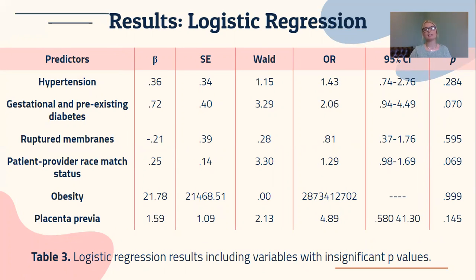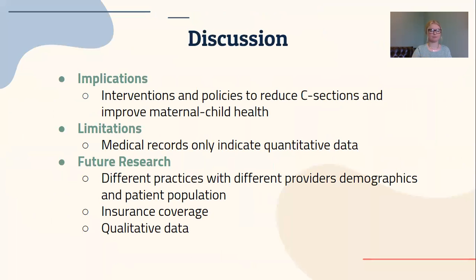And in this chart, it's set up the exact same way. However, these are the variables that had no significant impact on delivering via C-section. So implications of these results would be interventions and policies to reduce C-sections and improve maternal-child health.